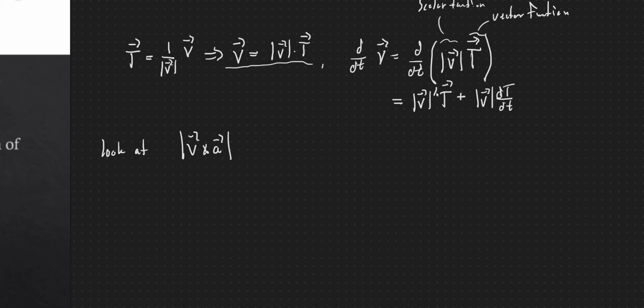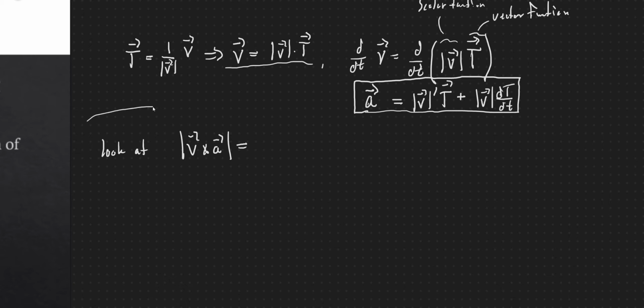And that is dv/dt, and that's the same thing as acceleration. So here is an alternative, albeit strange, expression for the acceleration of an object in terms of velocity, magnitude of velocity, its derivative, and the unit tangent vector. All right, so I'm going to use that over here.